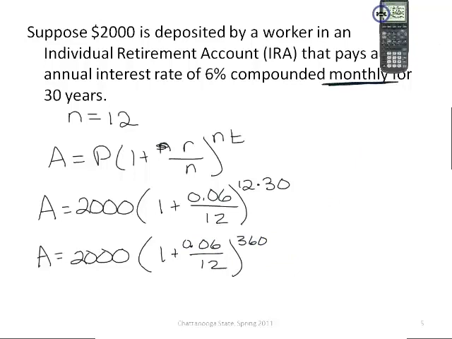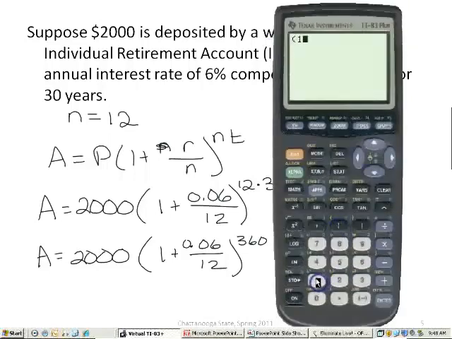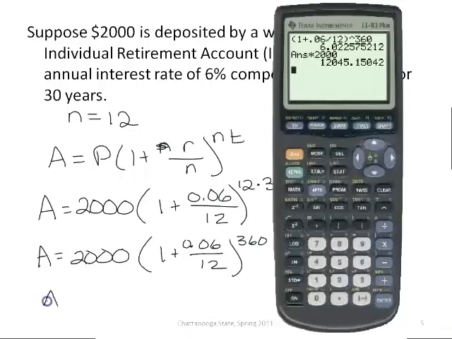So now I need my calculator. I want to put in parentheses 1 plus 0.06 divided by 12, close the parentheses, and raise it to the 360, because we know our 12 times 30 is 360. Now I want to multiply that by your 2,000.